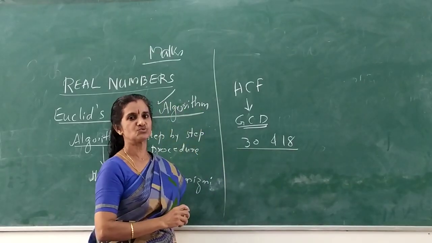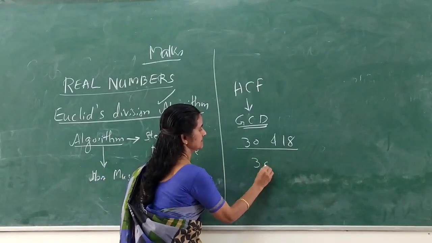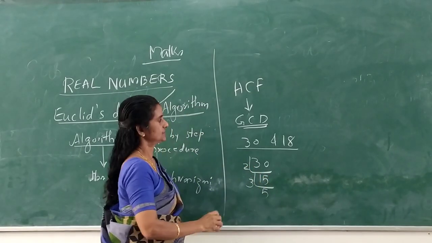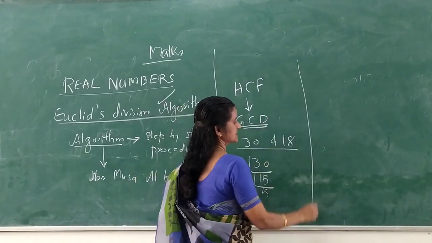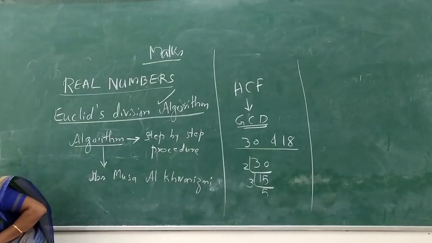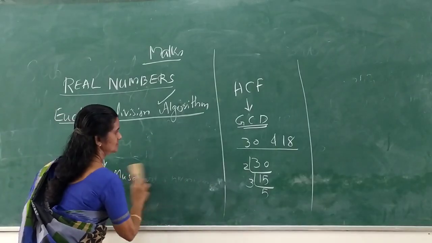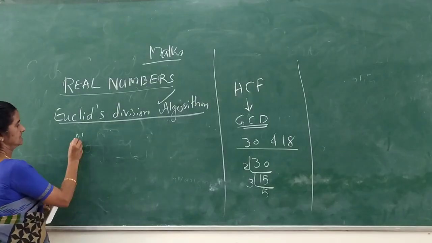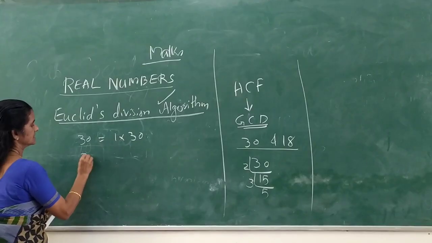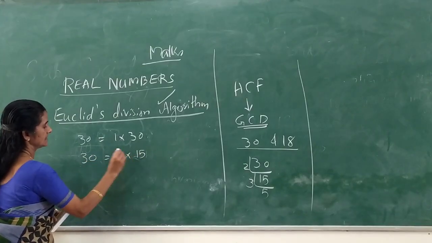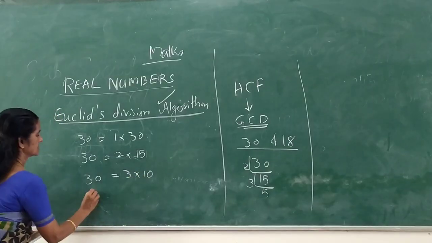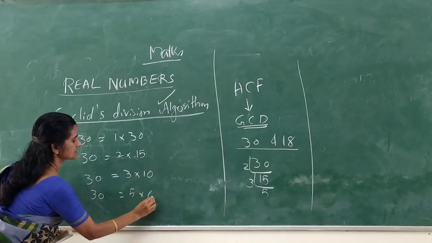Let us factorize these two numbers. 30 is 2 times 15, and 15 is 3 times 5. Therefore, the factors of 30: 30 is equal to 1 into 30, or 2 into 15, or 3 into 10, or 5 into 6.